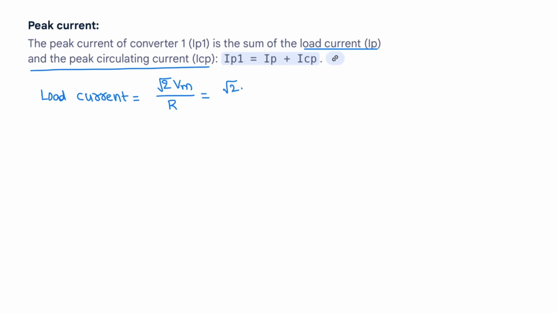Now, the formula for the load current IP is root 2 Vm by R. Root 2 Vm is 120 and the value of resistance given is 20.